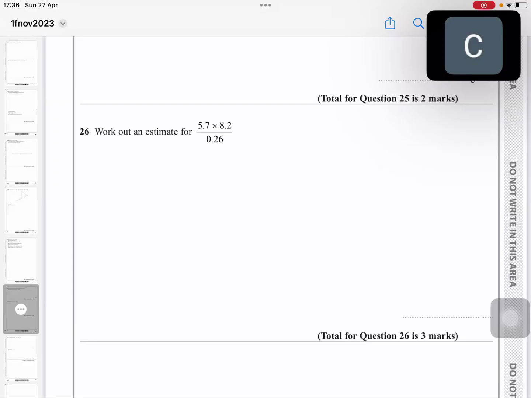what would we round 0.262 to? 0.30. 0.30, right? Yes. Okay. Okay, so if I have 6 times 8 divided by 0.3.